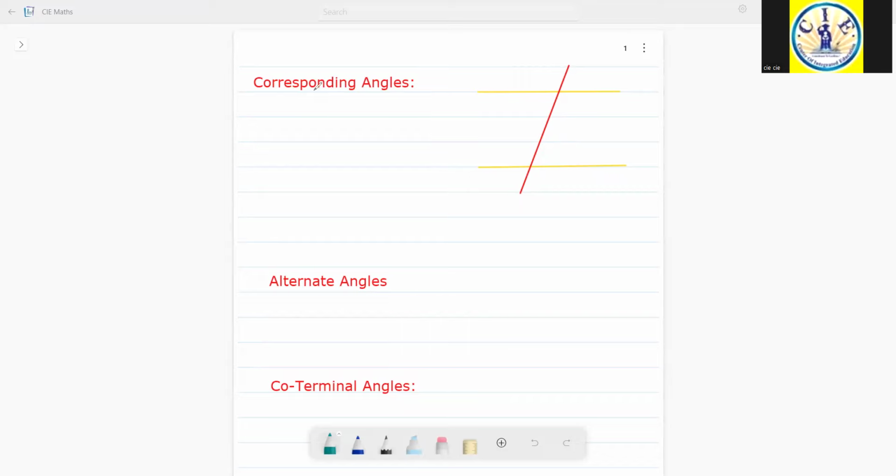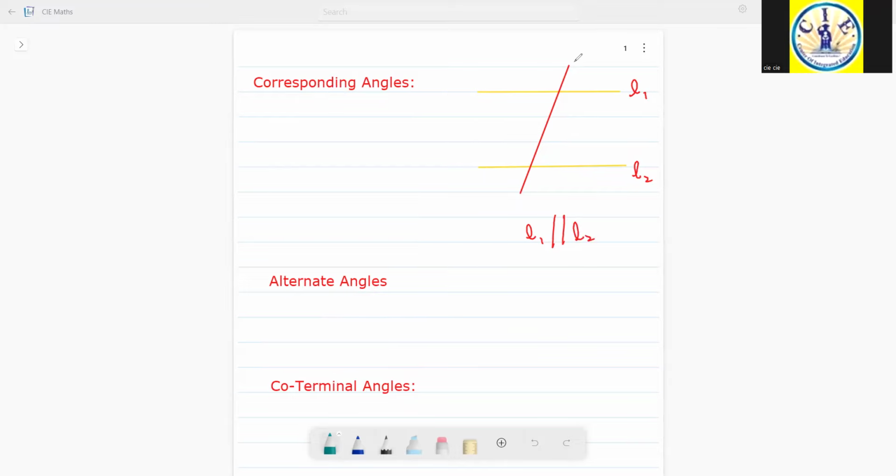We are discussing corresponding angles, alternate angles, and coterminal angles. Let's suppose we have a line denoted by L1 and another line L2 such that line L1 is parallel to the line L2.